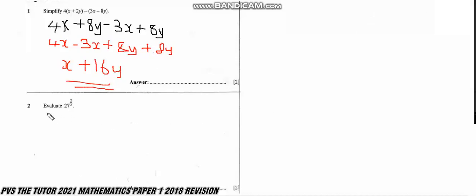Let's go to question 2 that says evaluate 27 to the power 2 over 3. Now these are indices. What this means is we need to find a number that we can raise to the power 3 to give us 27. Let's call that number A. You discover that the only number that we can raise to the power 3 to give 27 is 3, because 3 to the power 3 gives you 27.